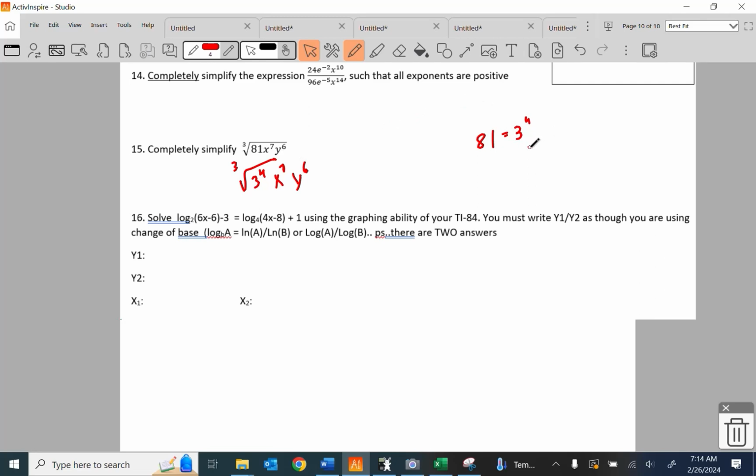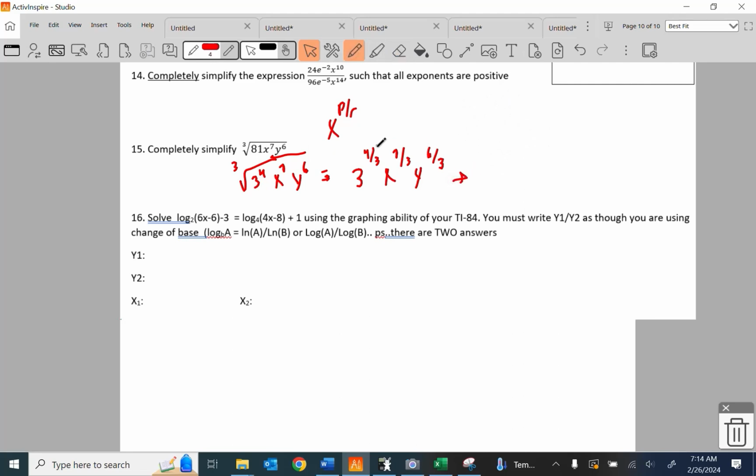Now the deal is, let's just do it like this. Let's use P over R. It's one way of doing it. So I have 3 to the 4th over 3, x to the 7th over 3, y to the 6th over 3. And I'll go back and do this a different way too for you.